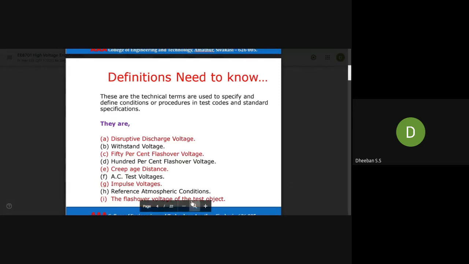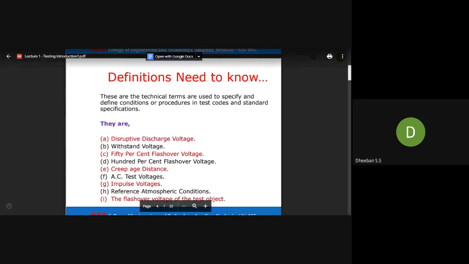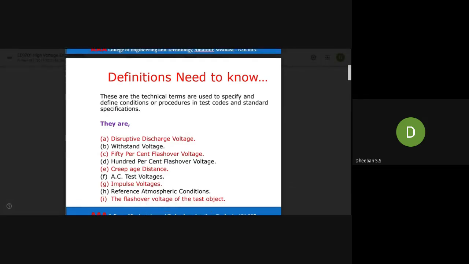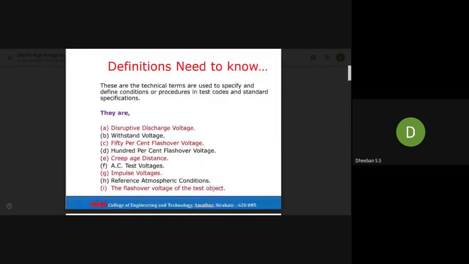Next is the flashover voltage of the test object. These are the definitions or parameters you have to know before getting into the testing of any electrical apparatus. Starting with the disruptive discharge voltage.